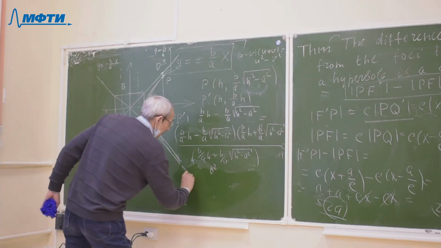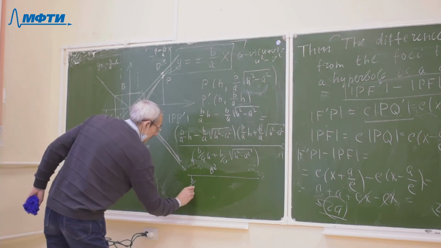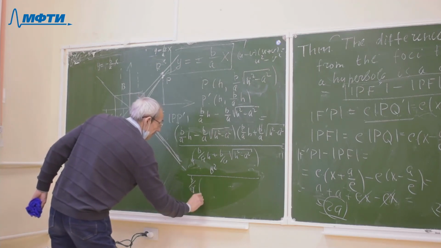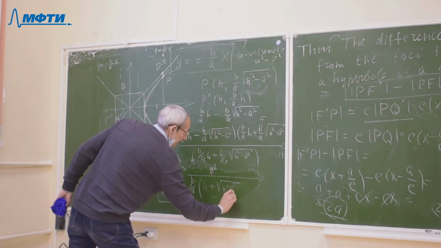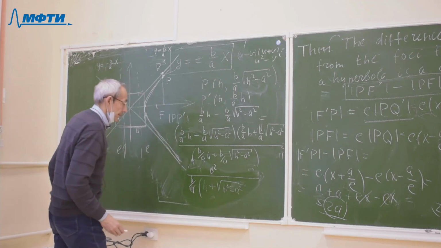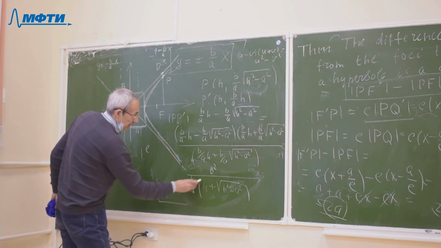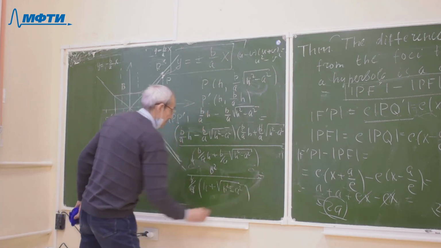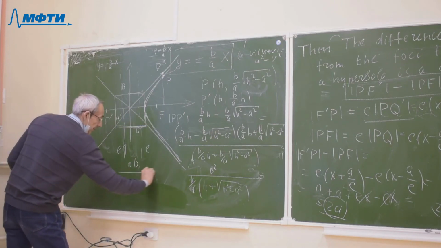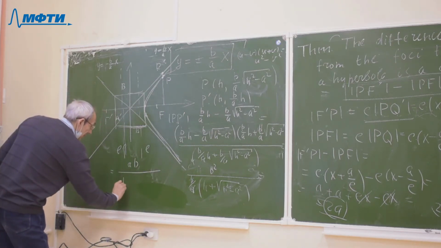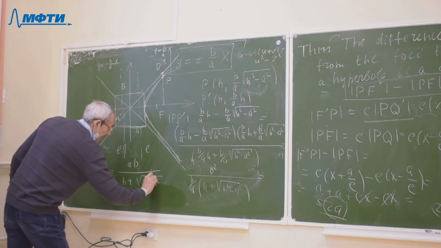b over a times b square over (b over a h plus the square root of h square minus a square). We substitute b and a, and we obtain the final formula: the ratio ab over (h plus the square root of h square minus a square).